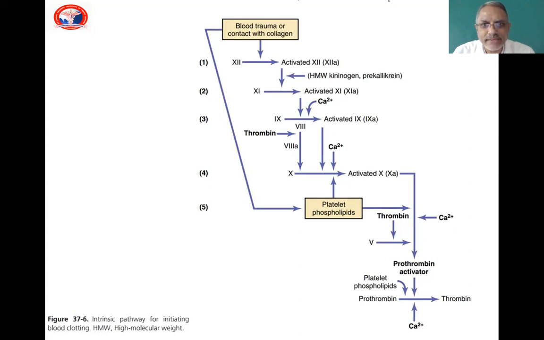Calcium is involved along with activated factor 8 and 9. Platelet phospholipid causes thrombin formation. Here calcium comes in with the prothrombin activator, and platelet phospholipid once again. Prothrombin goes to thrombin, thrombin converts fibrinogen to fibrin, and fibrin stabilizing factor 13 converts it to cross-linked fibrin.